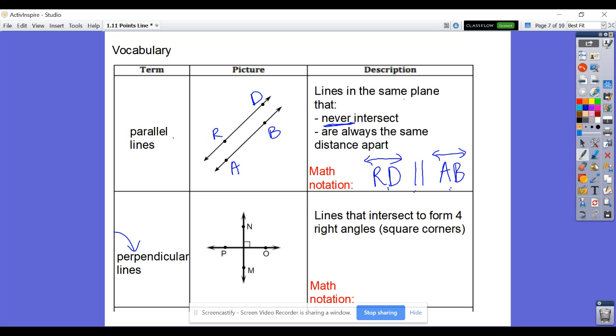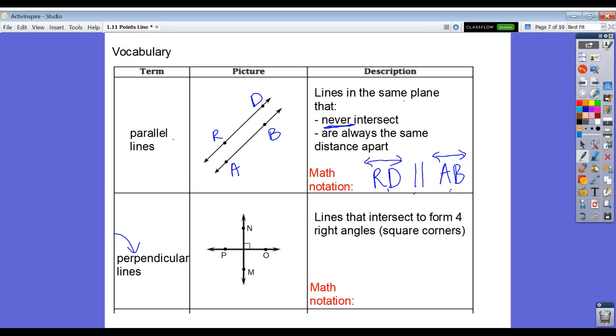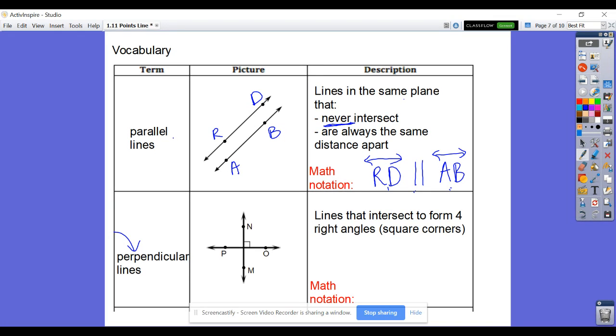And then the last word for today is perpendicular. Everybody say that. Perpendicular. And that means lines that intersect to form 4 right angles or square corners. I want you to go ahead and highlight in your notes this little square corner right here. That means that the lines intersect at a 90-degree angle.